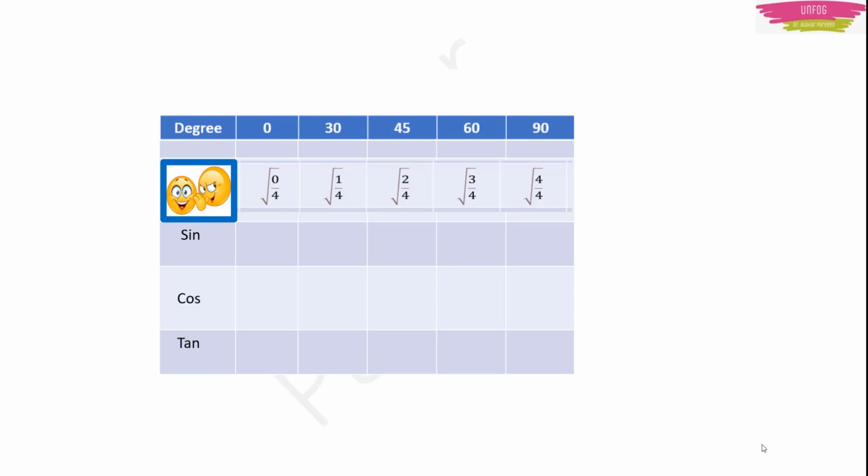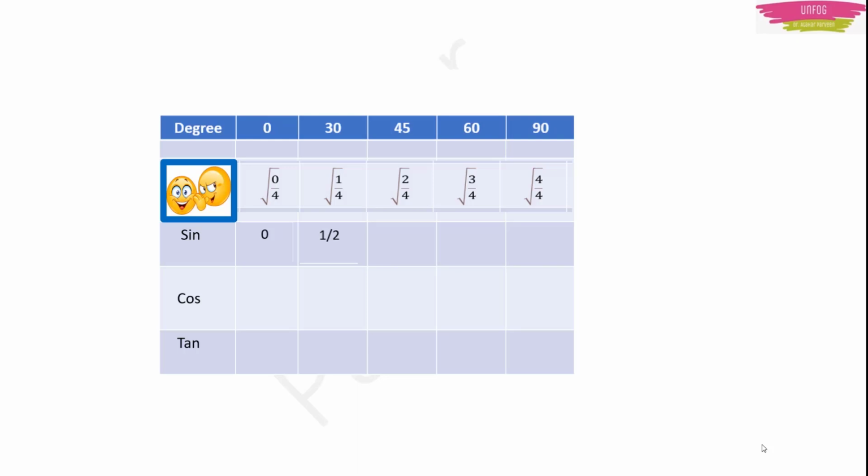Now you write the answer for this. In the first column, sine 0 is there. What is square root of 0 by 4? Answer will be 0. For sine 30, square root of 1 by 4. What will be the answer? It should be 1 by 2, correct? Because square root of 4 is 2. For sine 45, you have written 2 by 4, right? What will be the value?